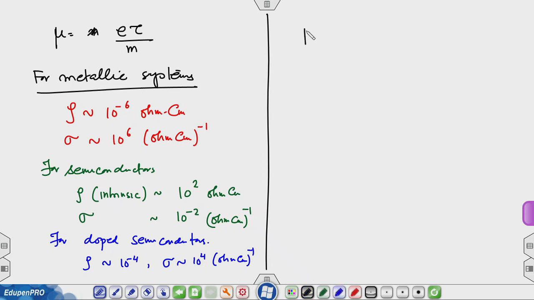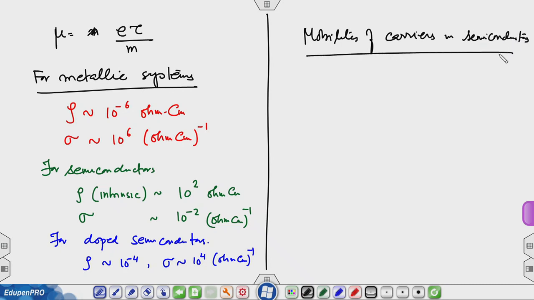So, mobilities of carriers in semiconductors. So, mu is of the order of 1000 centimeter square per volt per second for semiconductors.